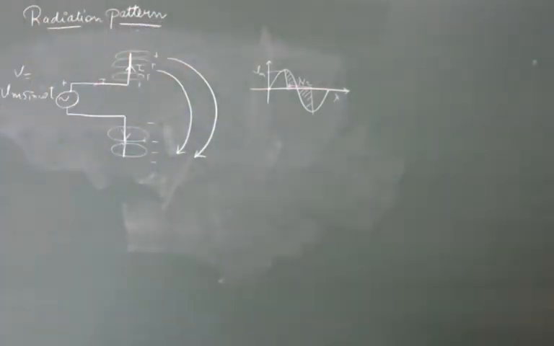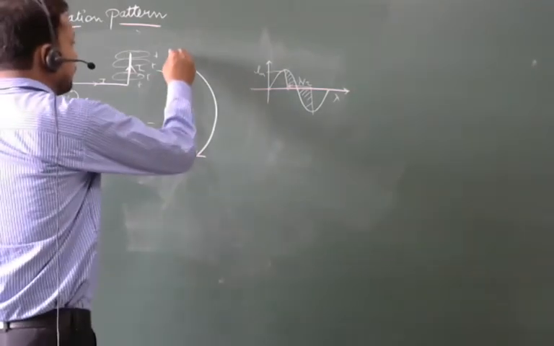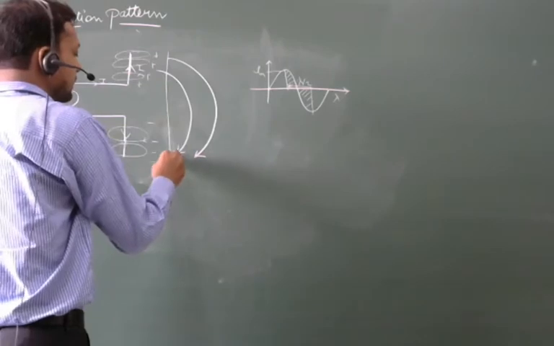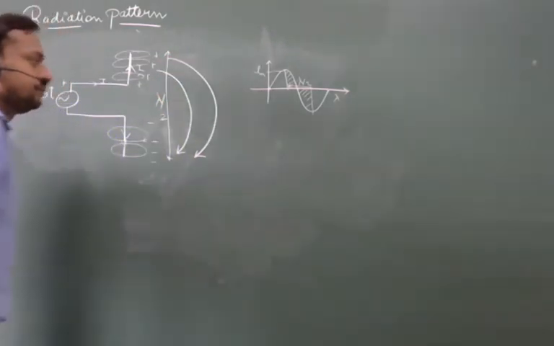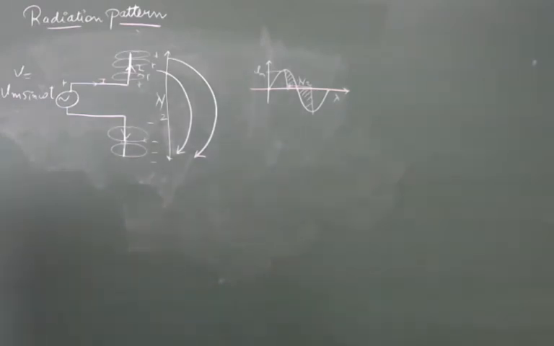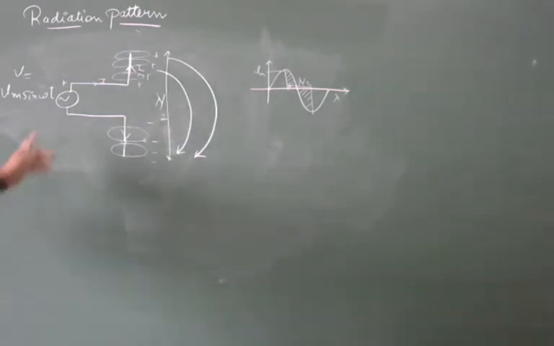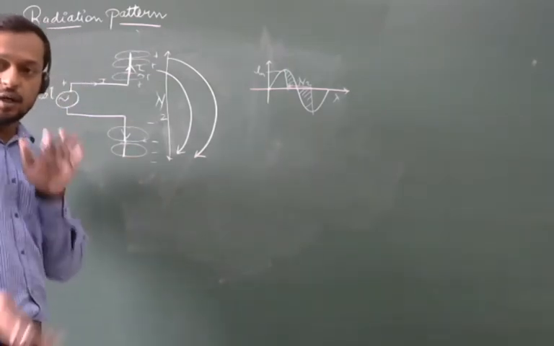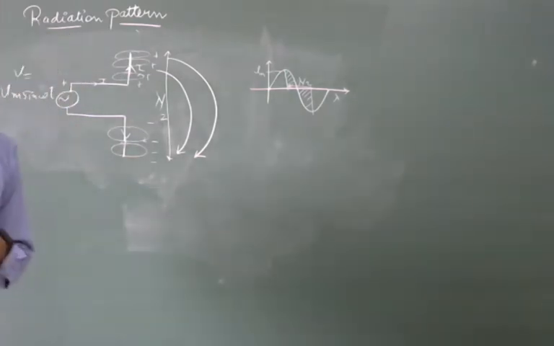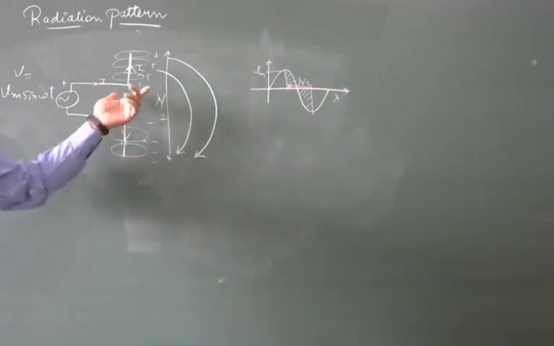So this is a half wave dipole. The total length is lambda by 2. Now the current here is time varying, so it is an oscillating dipole. The current varies.